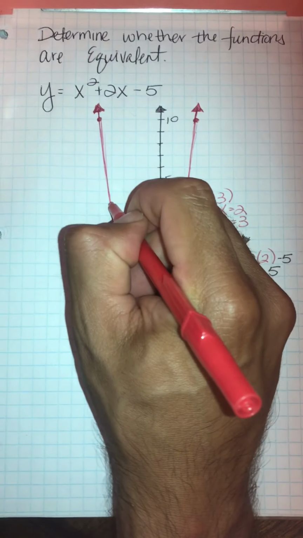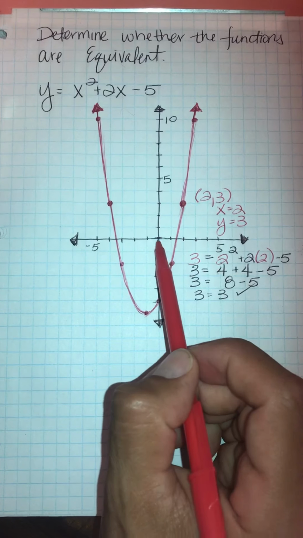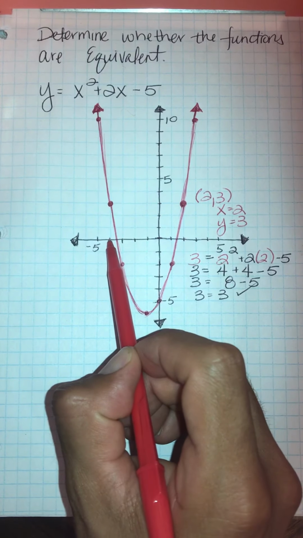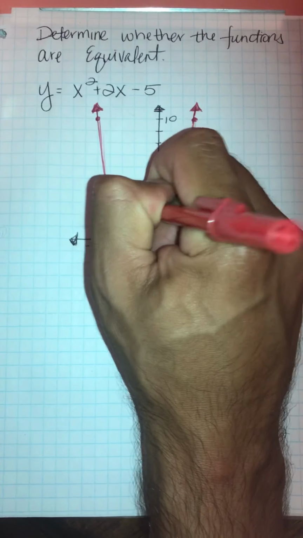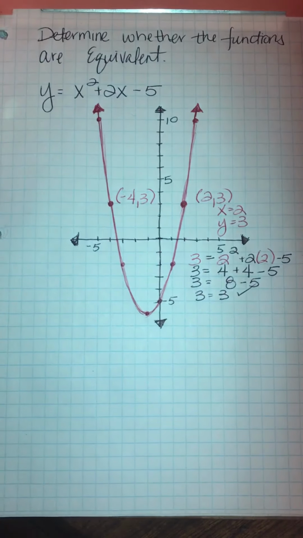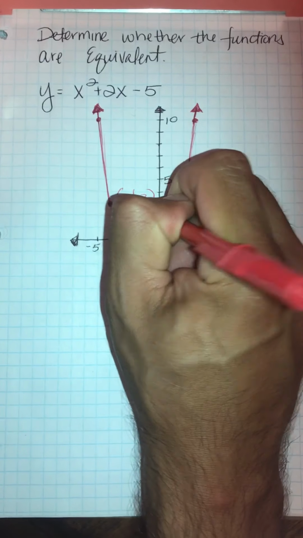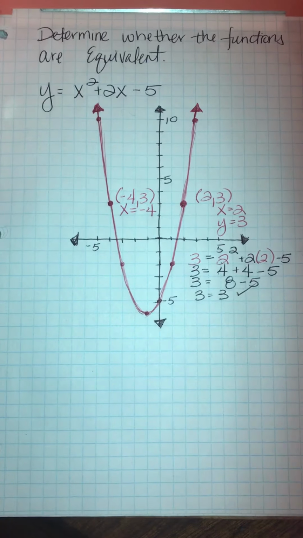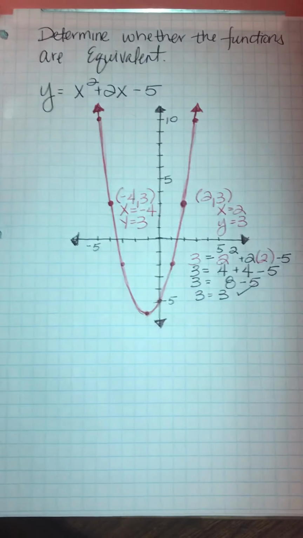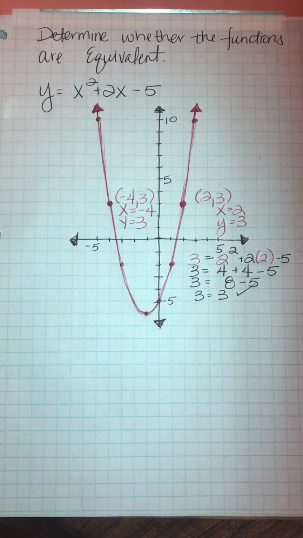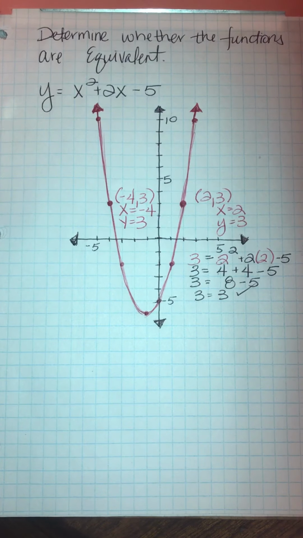Let's check this one here. That point there is negative 4, positive 3. In this case, x equals negative 4, y is positive 3. Again, I'm going to plug it back into this function and see if it works out.